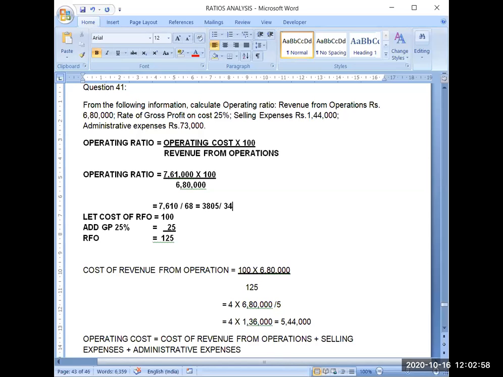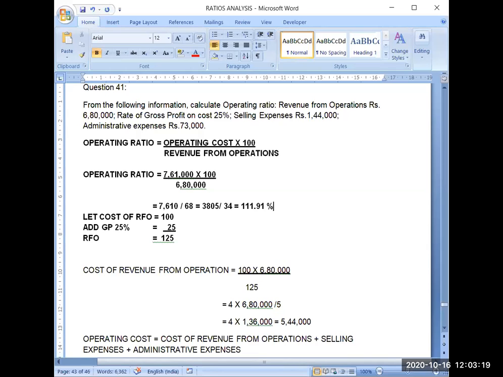So this number will come 111.91. Always remember that if your answer is coming in decimals, express it up to 2 decimal places only, because after 0.91 it is coming 1.